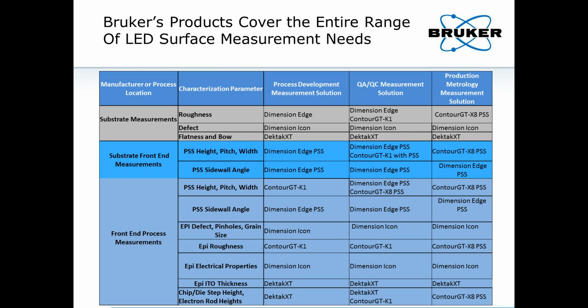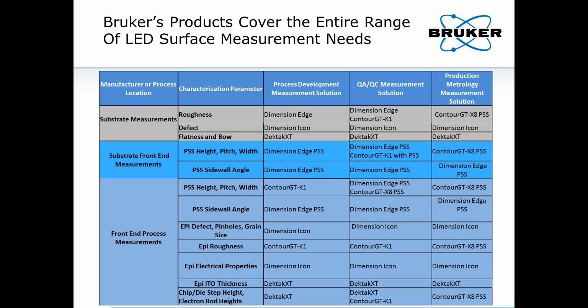Here we're reviewing a table that shows the ability of Bruker's product line to cover all of your measurement needs, from front-end substrate measurements through the measurements required transitioning from substrate manufacturer to LED manufacturer front-end process requirements.